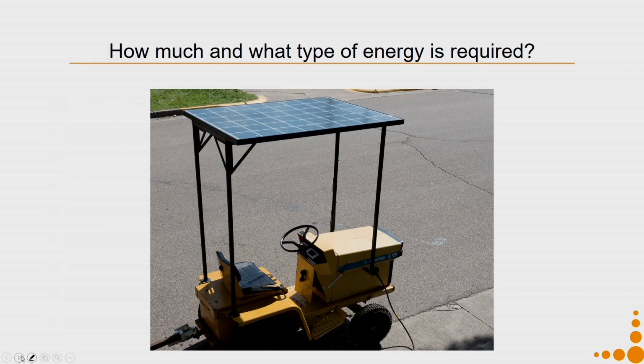Say for example, this is a solar tractor. So, our question was how much and what type of energy is required. So, I know that I have this much of available space and I have certain solar panel technology. For a certain cost, I can give solar panel which have the possibility to deliver X amount of power.